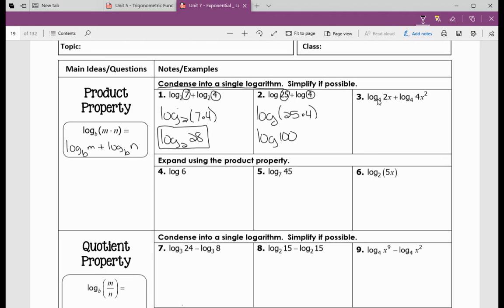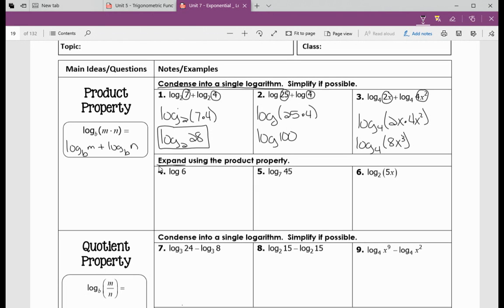Here, I have a log base 4 plus a log base 4, so I'm going to take these numbers and write 1 log base 4, and then I'm going to multiply 2x times 4x squared. Now, you can simplify that out to log base 4 of 8x to the third. You can actually multiply those together.